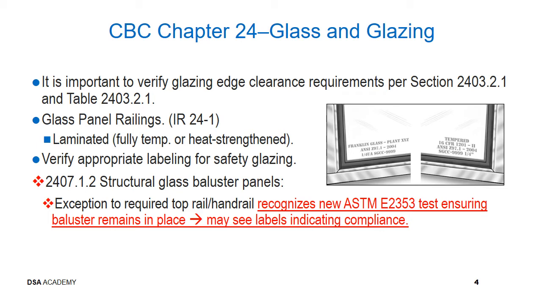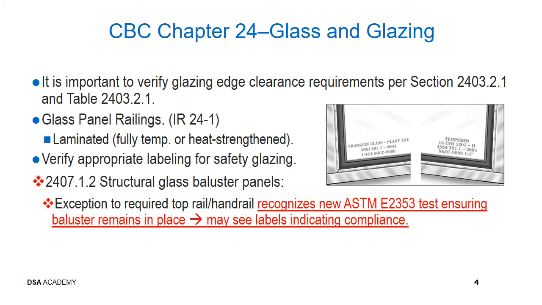There is IR 24-1 to clarify requirements for glass panel ratings. CBC Section 2407.1.2 states guards with structural glass baluster panels shall be installed with an attached top rail or handrail.